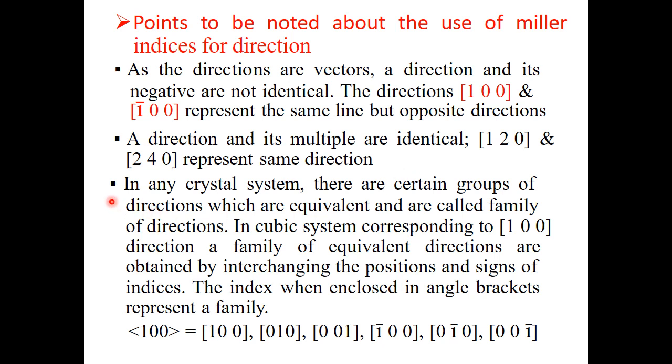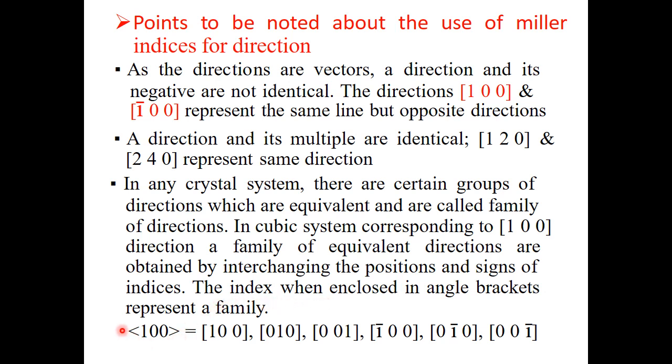Third point, in any crystal system there are certain groups of directions which are equivalent and are called a family of directions. In the cubic system corresponding to direction 100, the family of equivalent directions can be obtained by interchanging the positions and signs of indices. The index when enclosed in angle brackets represents a family.